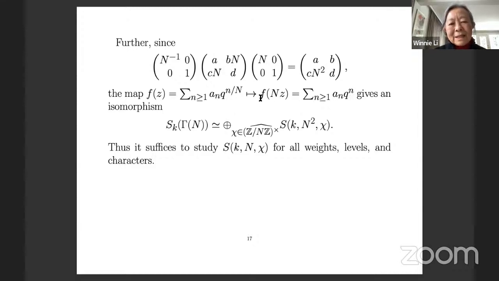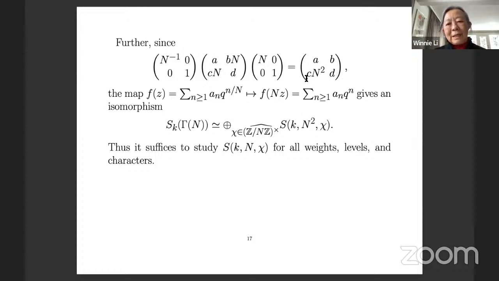Okay, then this f(Nz) becomes a form for the conjugate of Gamma(N). That group is conjugated by the matrix (N 0; 0 1). So if you look at the product of a matrix from Gamma(N) conjugated by (N 0; 0 1), you see that the net result is that the N multiplied to b gets moved to the C corner, the lower left corner, and all the other entries, A, B, D, remain fixed.